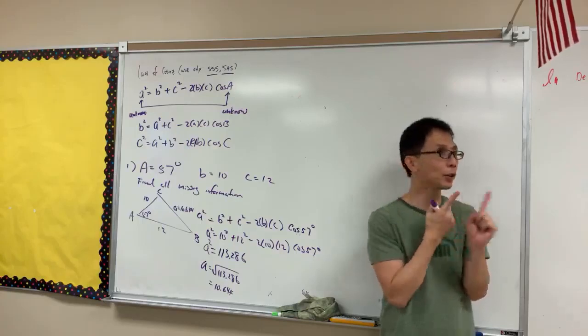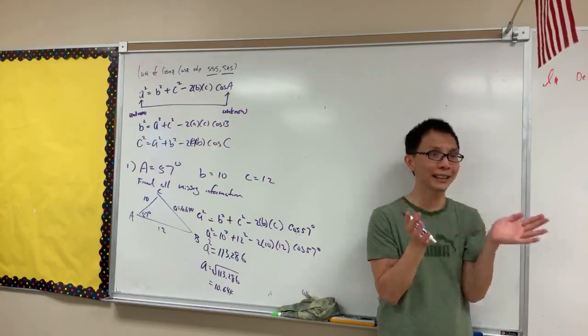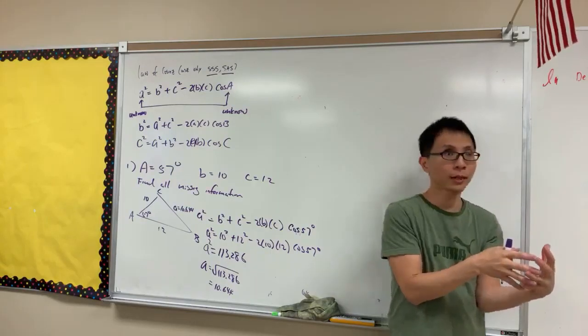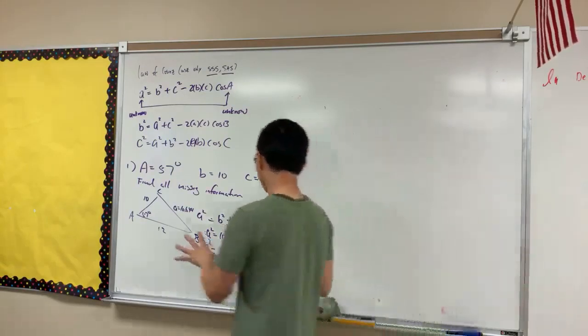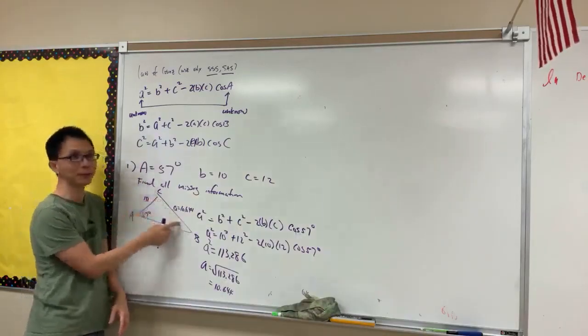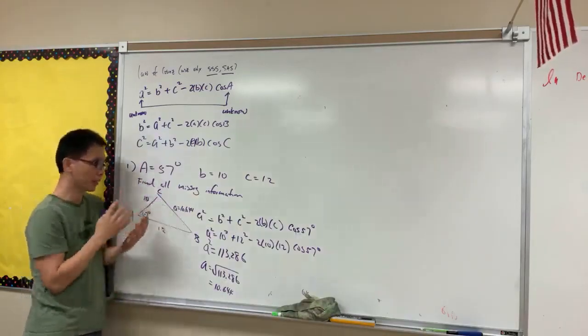If the angle you're looking for is greater than 90, that is not going to work. In this case, it should work. So I will find one of those angles, and then you can find the third angle.